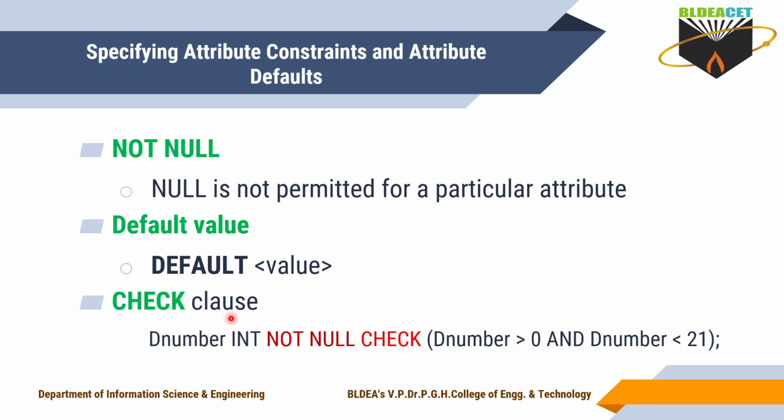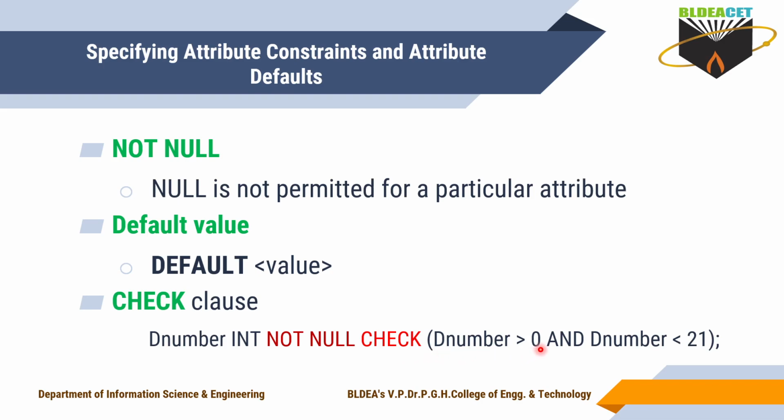One more is the CHECK clause. Here department number is an attribute with int as the data type and NOT NULL. As I told earlier, not null means it does not permit a null value for this D number. You must enter a value here. Next is CHECK, which is a condition. What does it check?